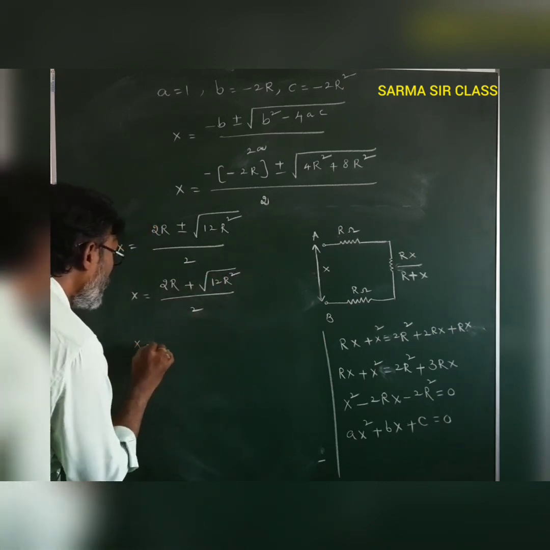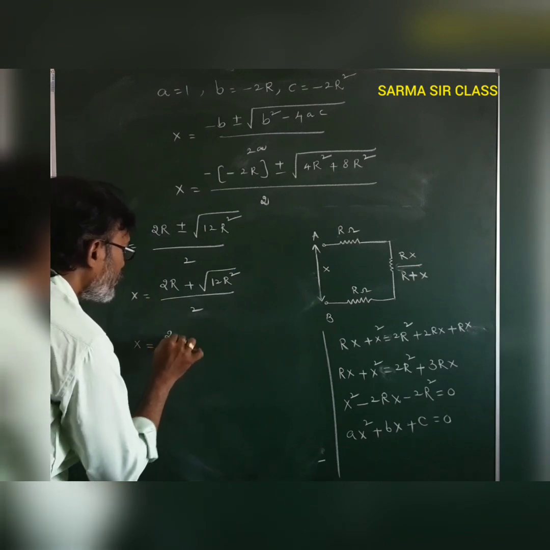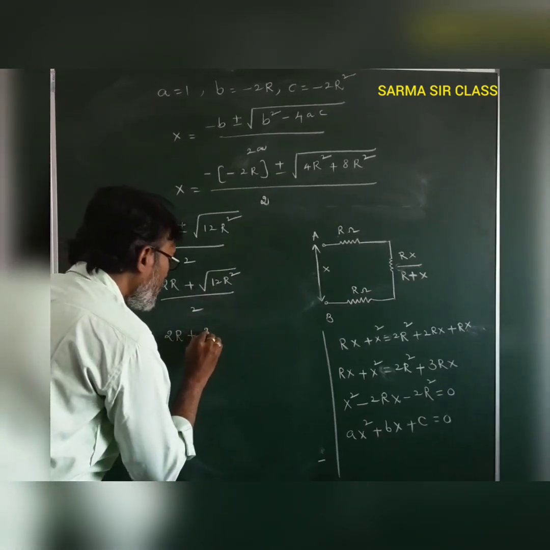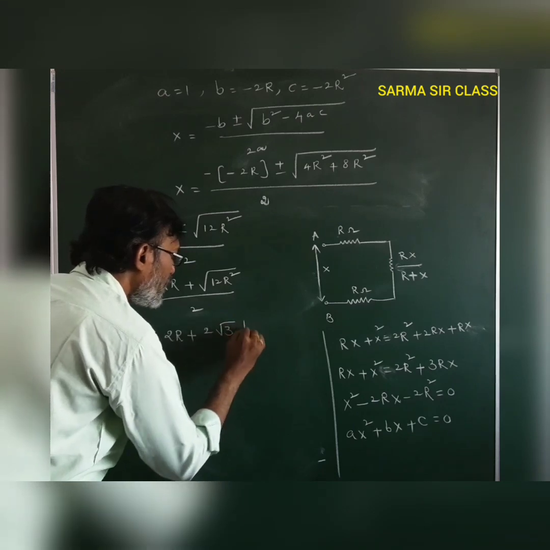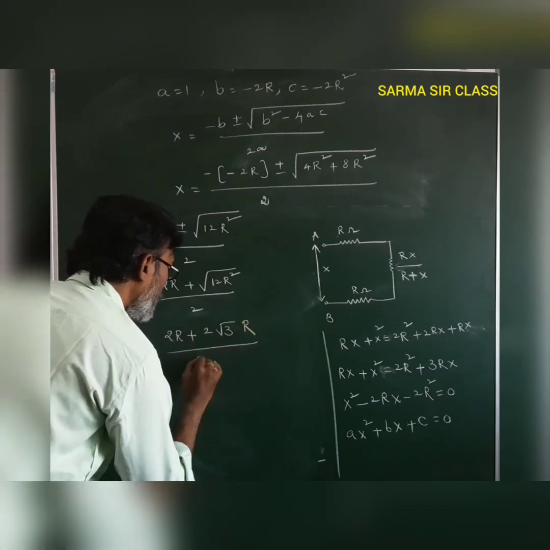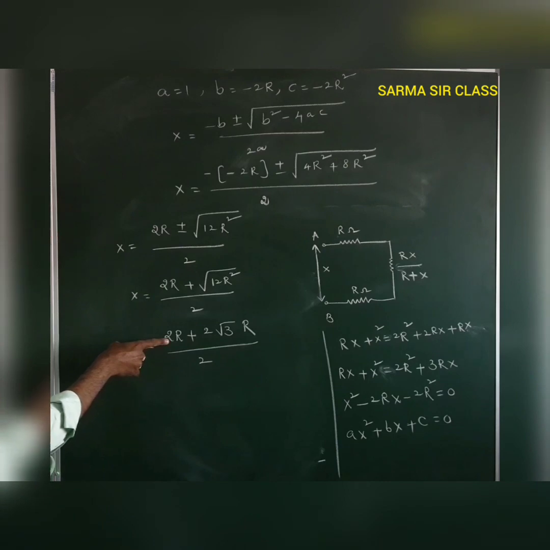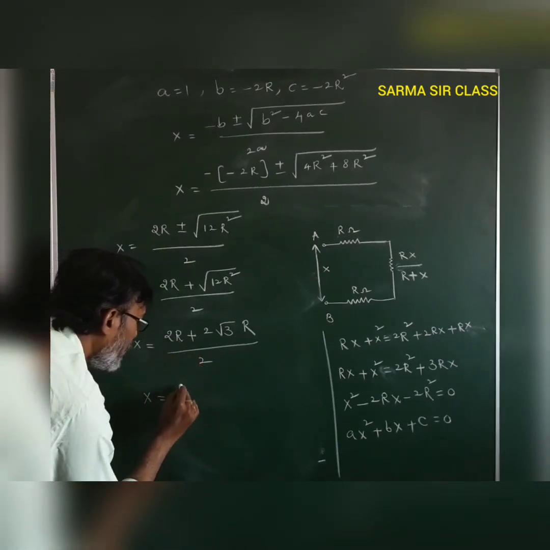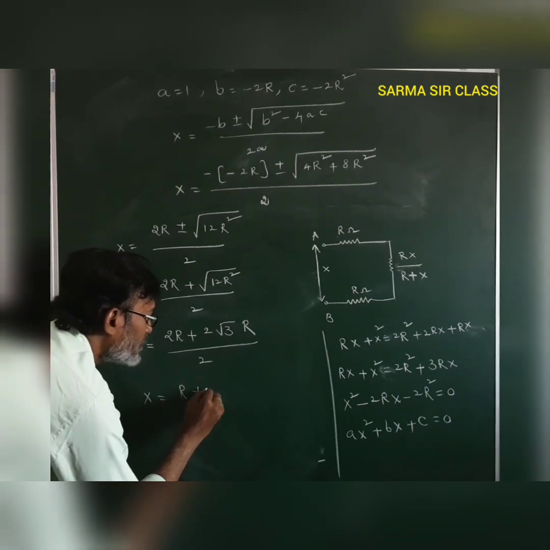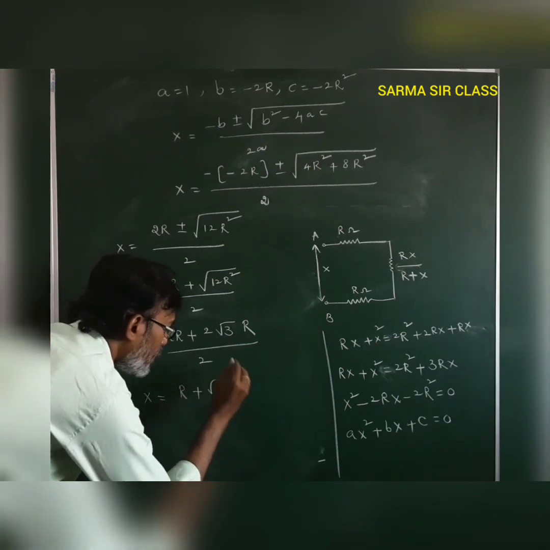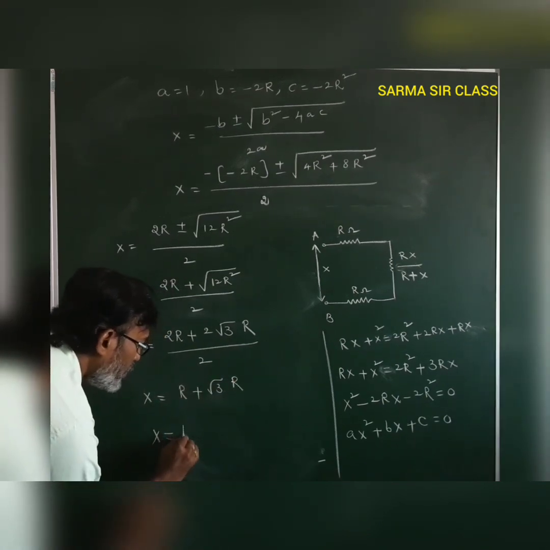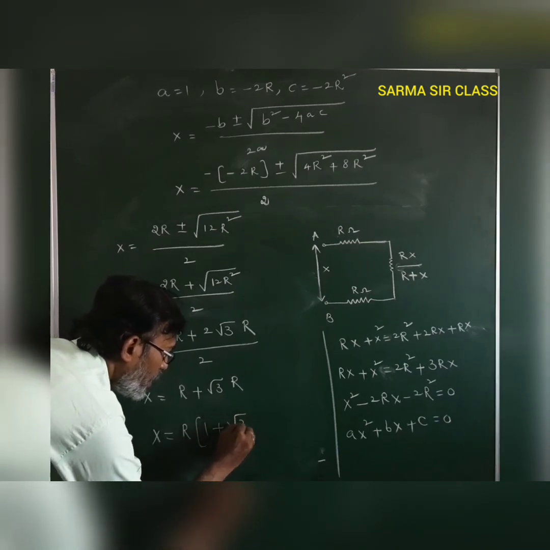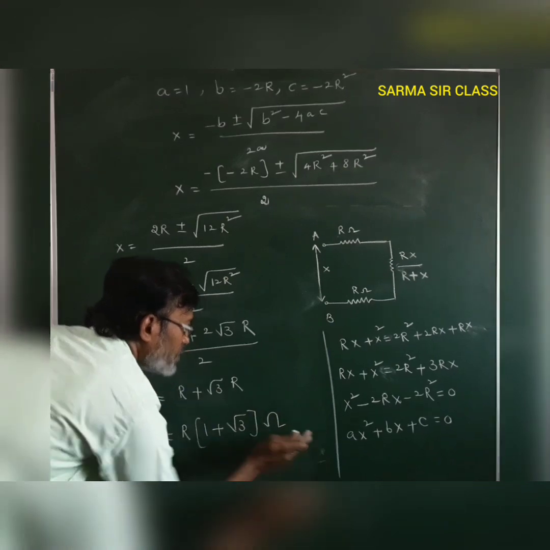Now X is equal to 2R plus, I write this as 2 root 3 R by 2. Take out the 2 as common and cancel. The remaining value is R plus root 3 R. Then X is equal to, taking R as common, R into 1 plus root 3 ohm.